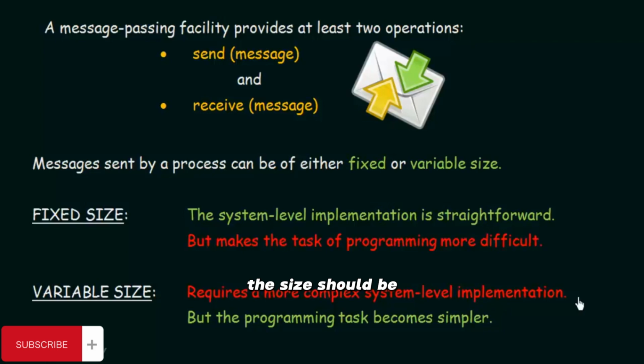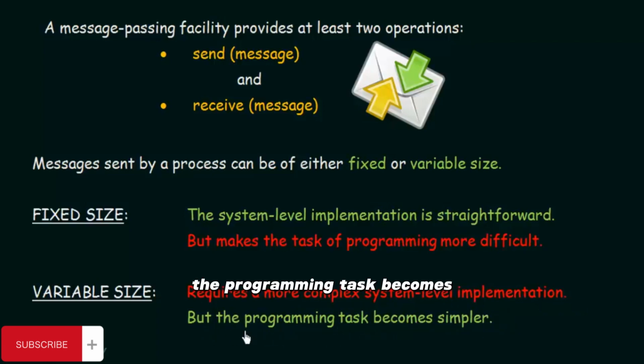The size should be allowed to vary. So when you are designing something of that form, the messages should be allowed to take any size. They may be bigger size or smaller size, and it must be versatile in that way. So the system-level implementation becomes more complex, but the programming task becomes simpler.